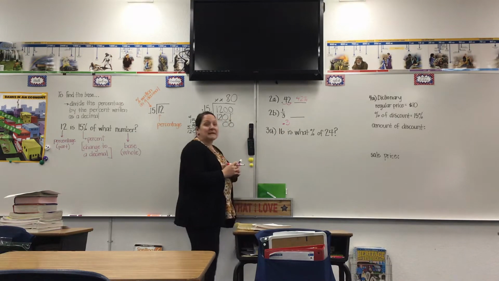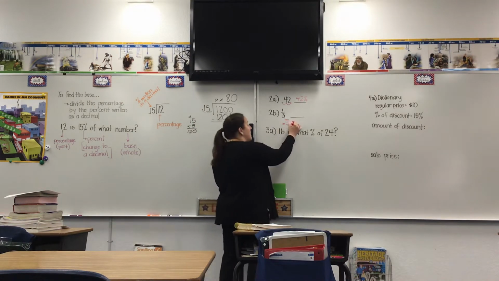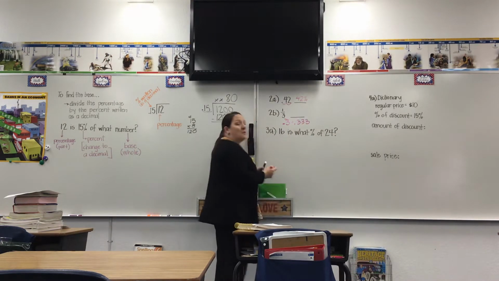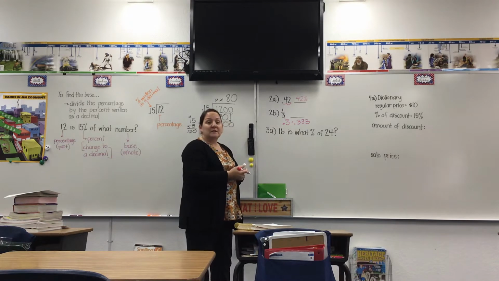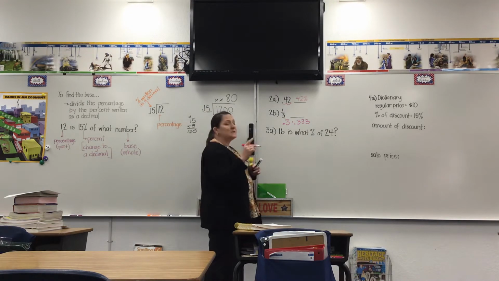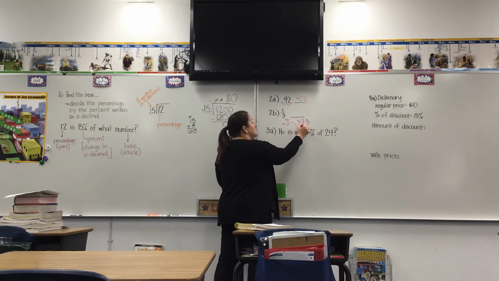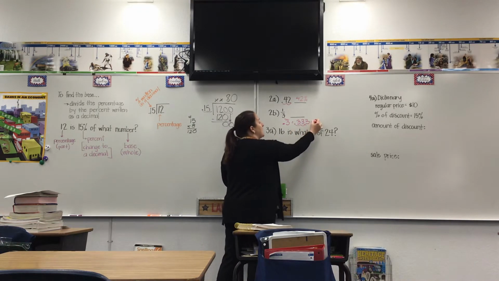What that means is it's 0.333 and so on. Remember, we're rounding to the nearest whole percent. So let's move our decimal 2 places to the right. 1, 2.